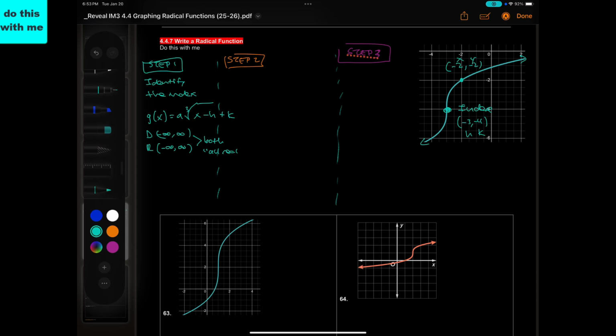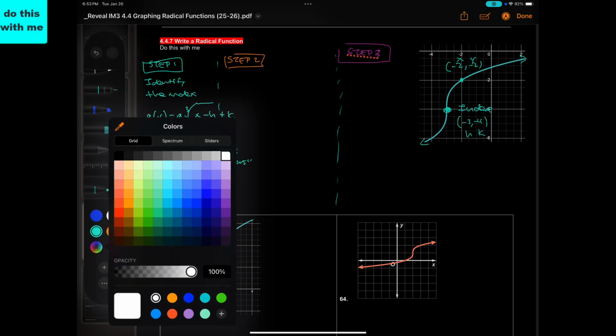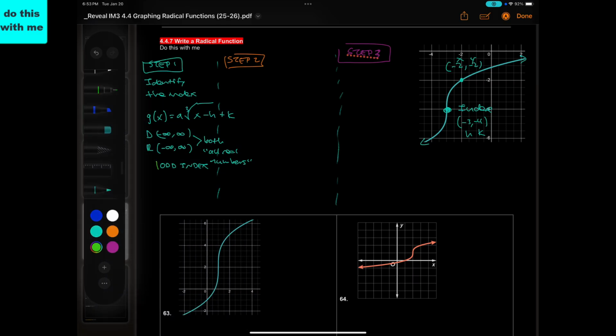Means you can pick any number, it's okay, you can get output. Then you have an odd index. And just to remind you what an index is, that's just the number up here. That will verify it. All right, that was step number 1.